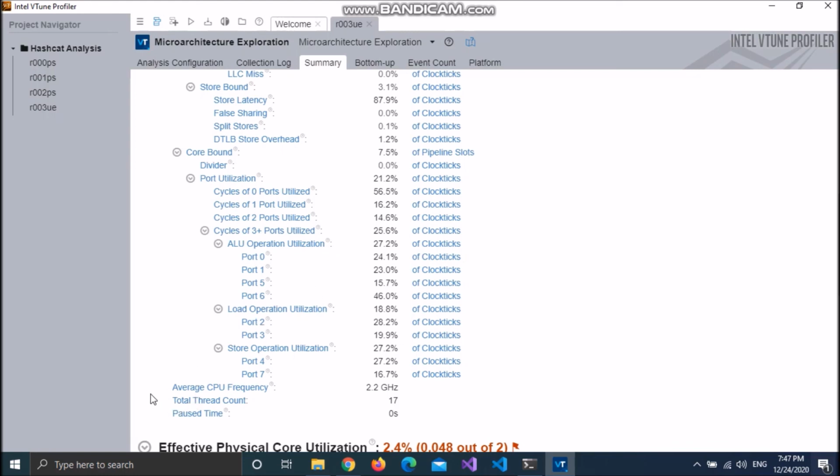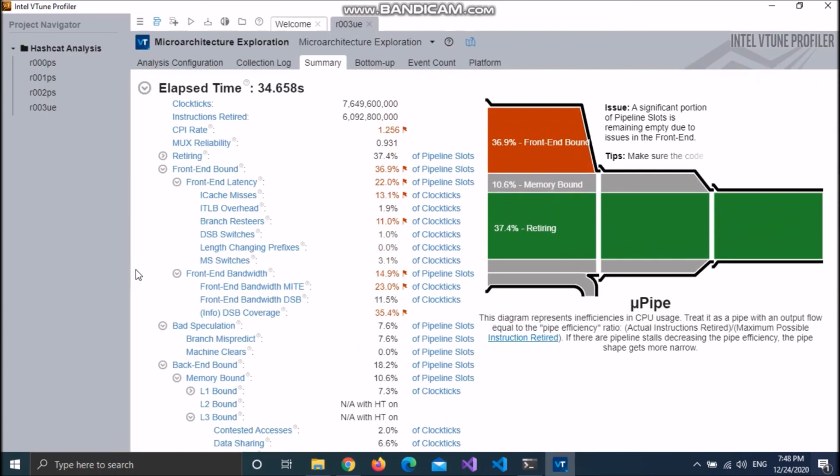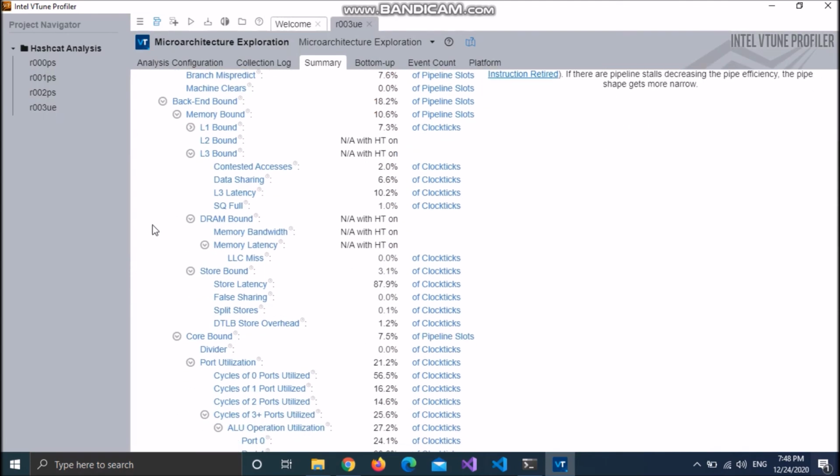And at last, it says the average CPU frequency, which is the base frequency of the processor, and total thread count, the total threads that were spun up for this application. So, Intel VTune Profiler is actually a very detailed profiler, and it provided very good metrics.